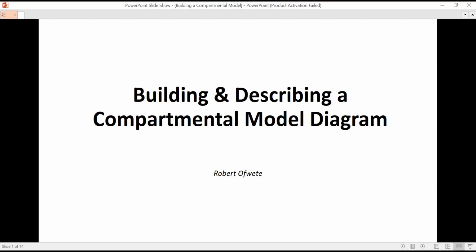And how do you define the transition parameters? What goes into the transition parameters? So on and so forth. And I can also touch on how we can bring in aspects of intervention, some of the possible ways, in a compartmental model diagram.